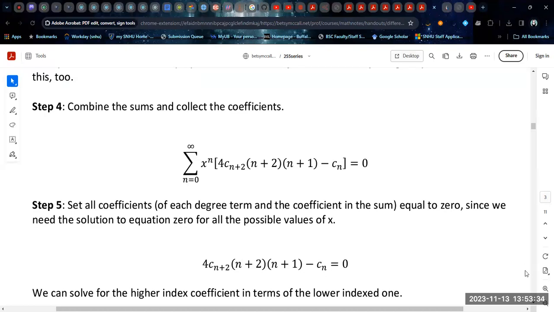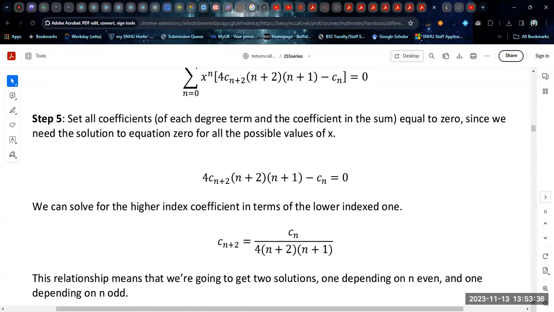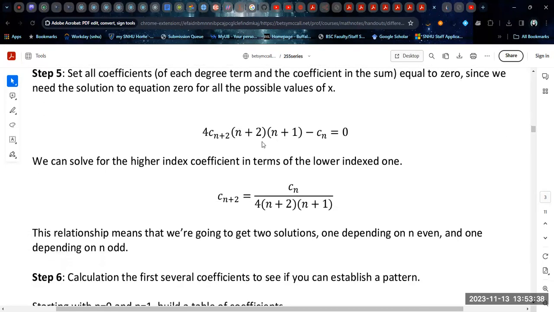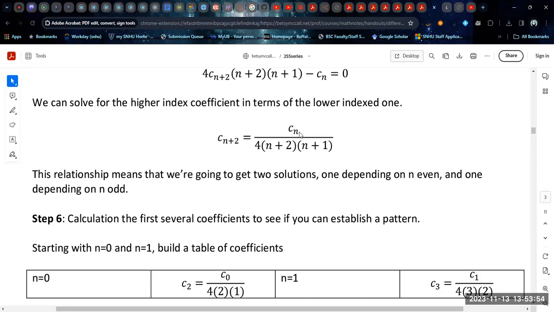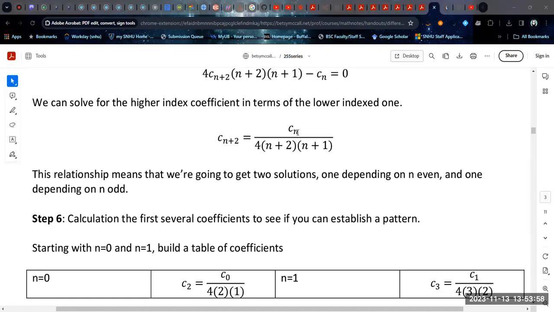So we're going to pull that out, and we're going to rewrite the c sub n plus 2 in terms of c sub n. So move the c sub n over, divide by all these other constants, and we get this expression. What this is telling us is that if you start with an even number, then the next even coefficient will be based on this formula.